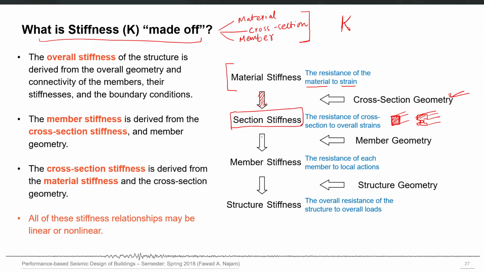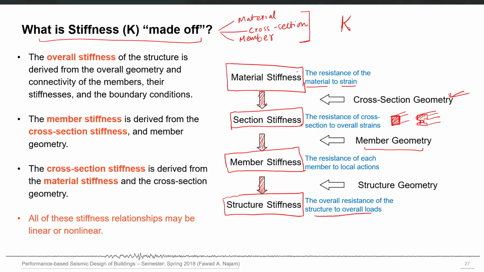That cross-section stiffness will manifest itself into the member stiffness, which is the next higher level. But the member stiffness will also come from the member geometry, the length of the member, for example. That member stiffness is defined as the resistance of each member to its local actions. And the member stiffness from all the members in a structure will make what we call the total structure stiffness, which is defined as the overall resistance of a structure to the overall loads.